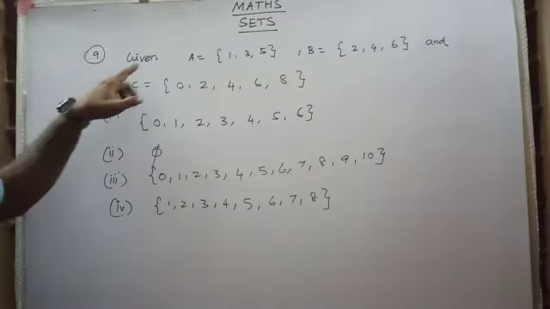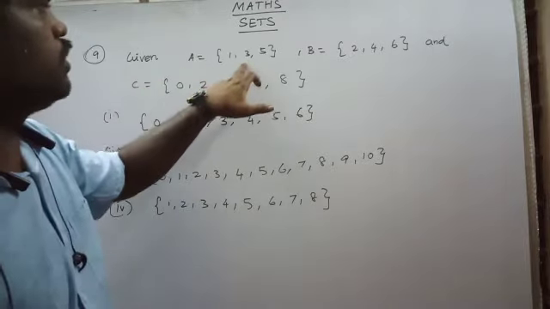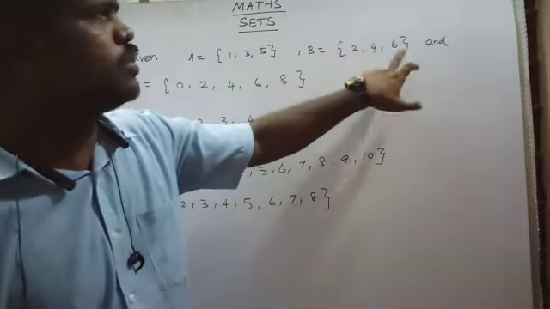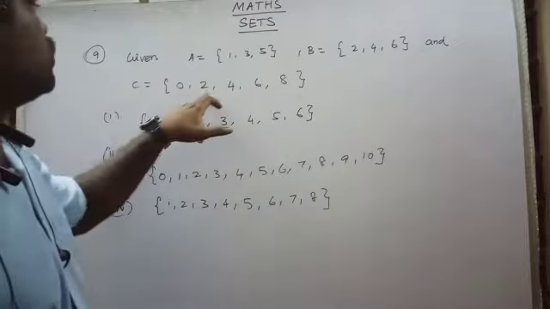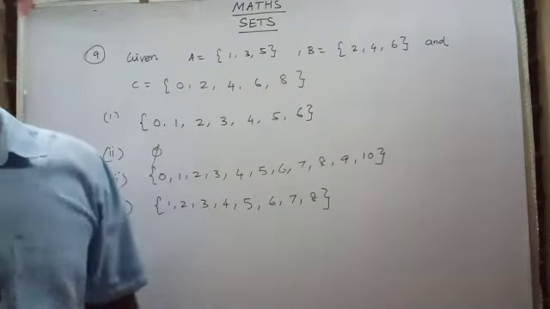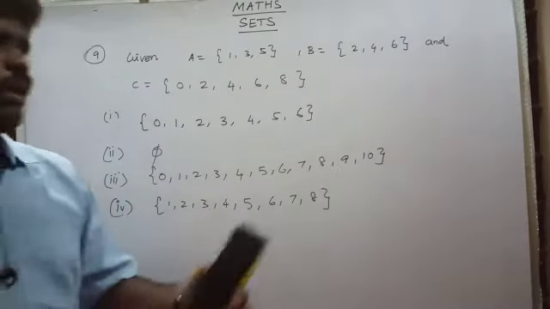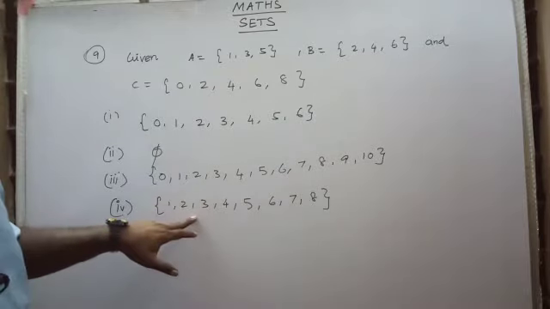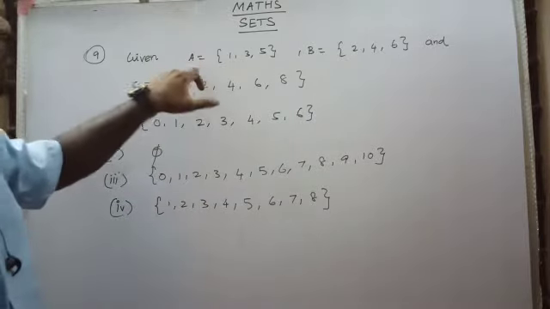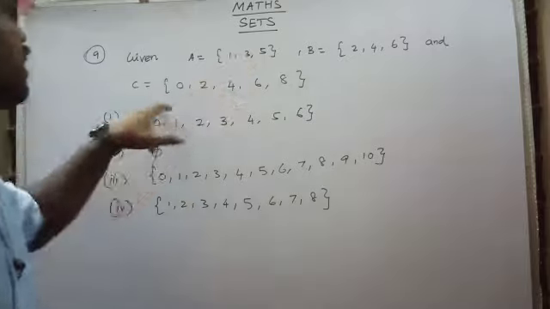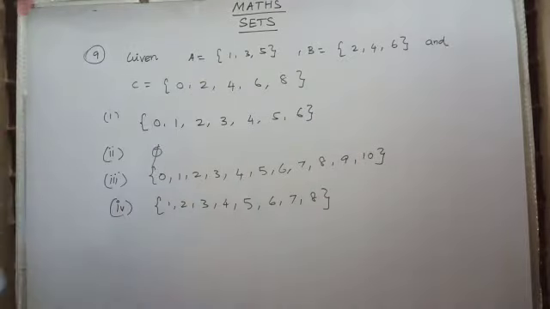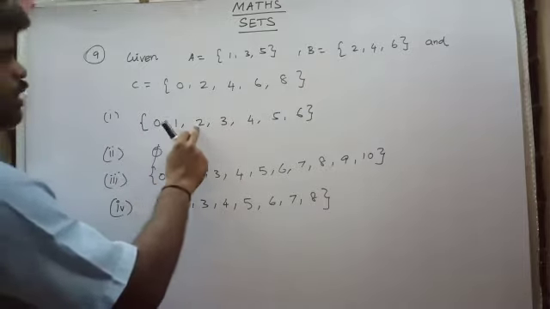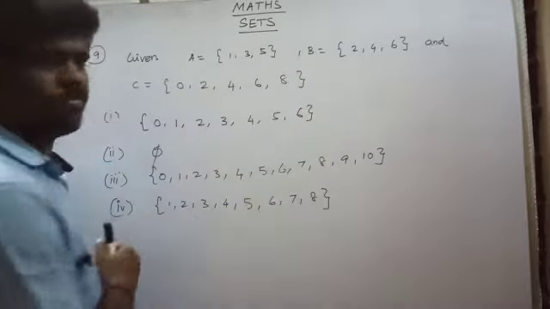Question number 9. Given set A equal to {1, 3, 5}, set B equal to {2, 4, 6}, and set C is equal to {0, 2, 4, 6, 8}. We have to find which of these are the universal set of the subsets A, B, C. Now, question number 1. Here 0, 1, 2, 3, 4, 5, 6.